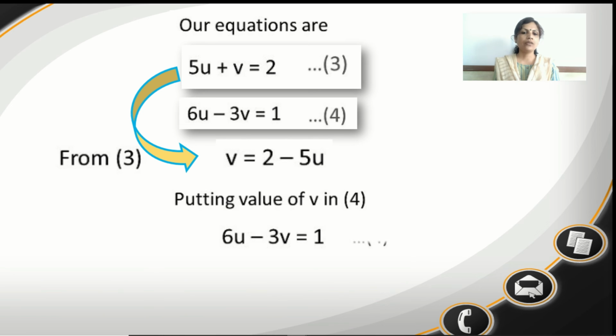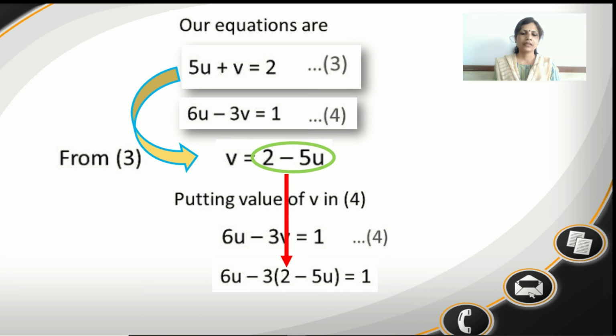We'll write 6u minus 3 in the bracket 2 minus 5u is equal to 1. That means we have substituted the value of v here in this manner. Let's solve it. 6u minus 6 plus 15u is equal to 1. This we get after simplification.